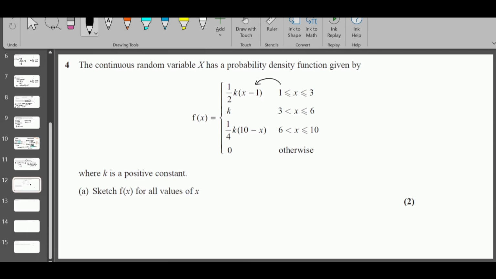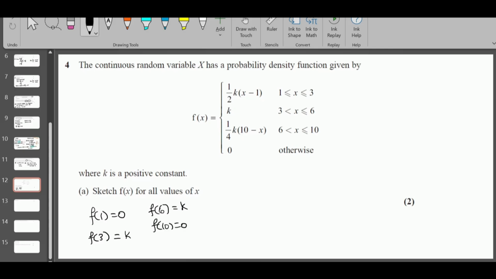Probably show the working. f of 1 is 0. f of 3, when you sub in 3, you get 2, the 2 will be cancelled, and you get k. Then f of 6 is just k. Sub in 10, it becomes 0. f of 10 is 0.